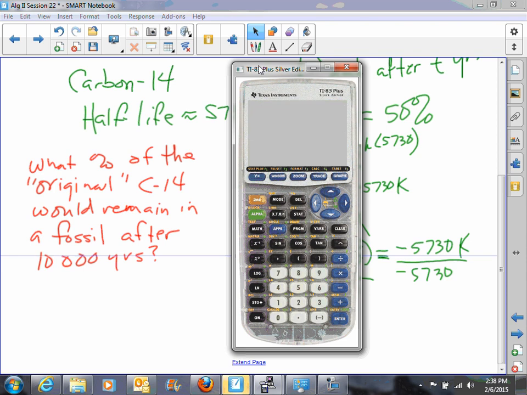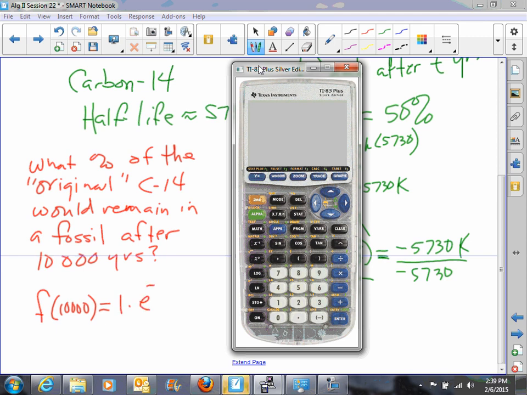Well, what we would do is find f of 10,000, where the original amount A is 1, e to the negative kt.